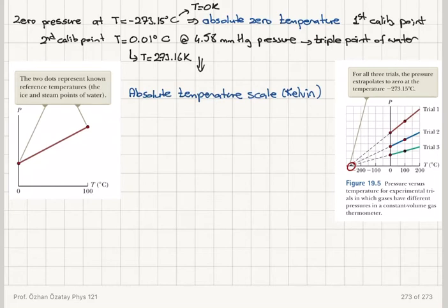The second calibration point is labeled T equals 273.16 Kelvin. Therefore, I can label any other intermediate temperature by using the linear dependence on temperature. So Kelvin is the SI unit of temperature.